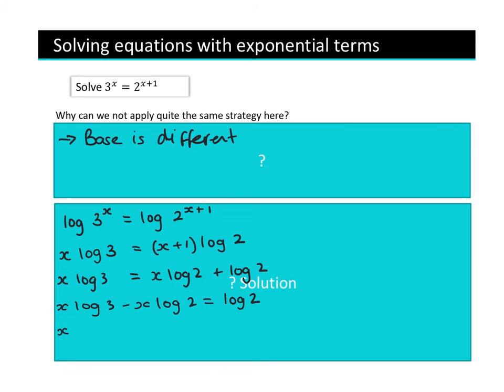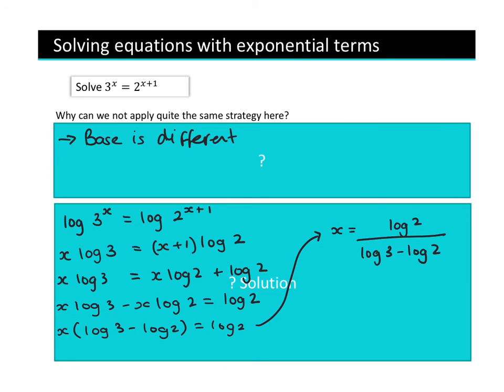If I factorise out an x, I'm going to get x brackets log 3 minus log 2 equals log 2. This means that x equals log 2 over log 3 minus log 2.